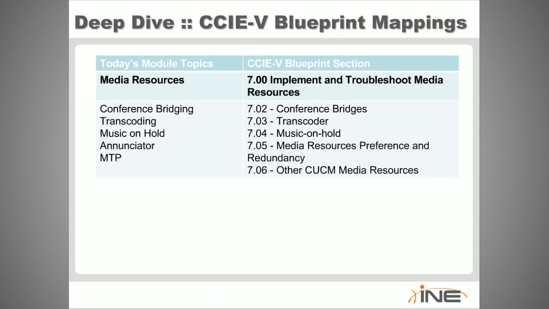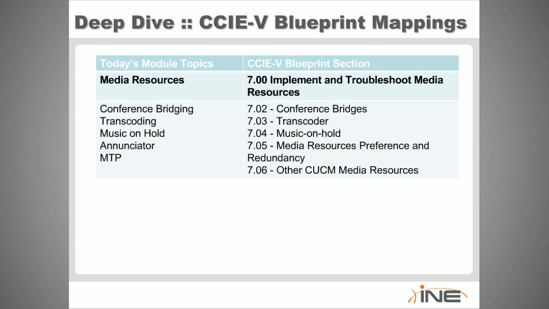So let's look at a deep dive to CCIE voice blueprint mapping. We're focusing on media resources today, which pretty much directly correlates to the 7.00 implement and troubleshoot media resources section of the voice blueprint.